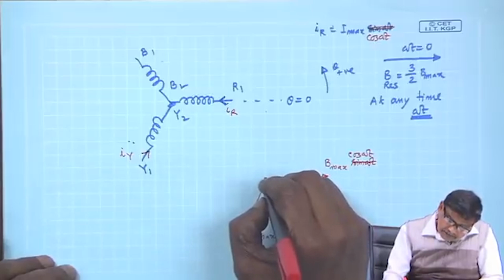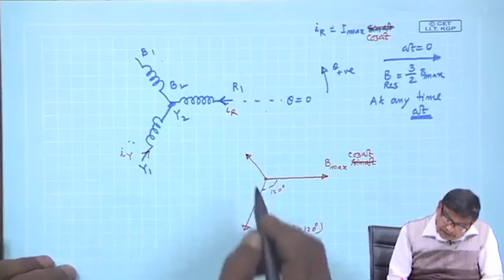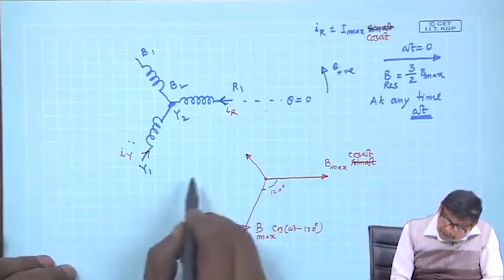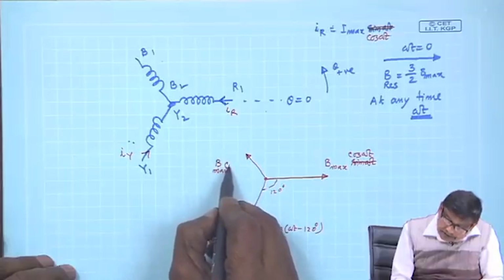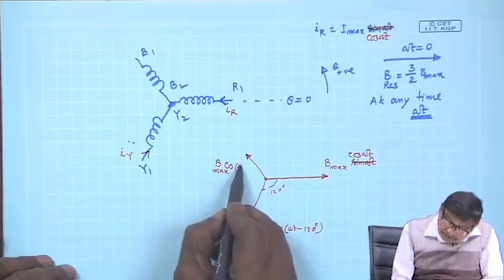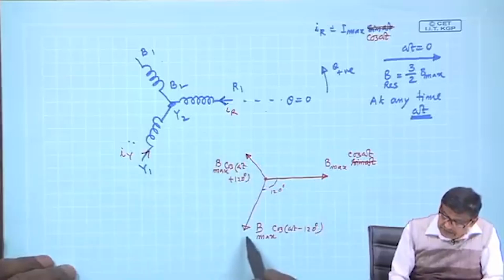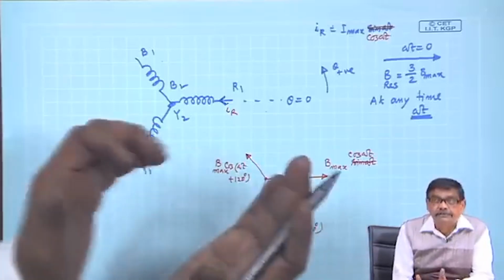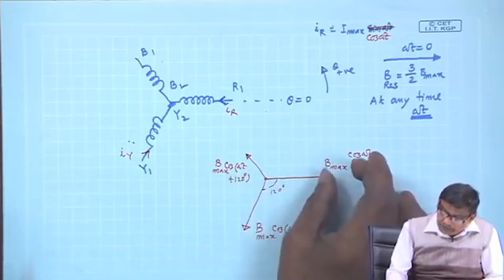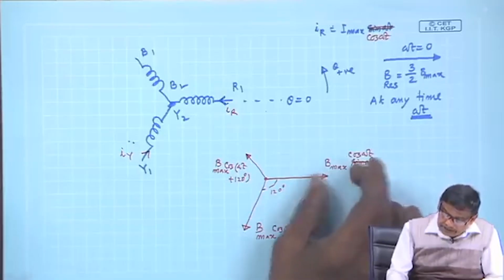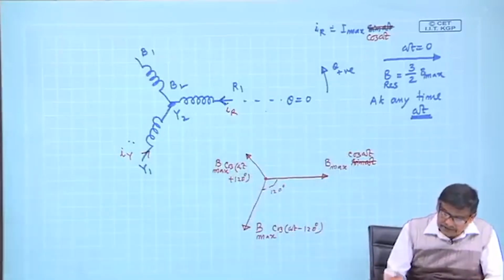Similarly, the B phase will be maybe like this, and it will be B max cosine omega t plus 120 degree. This will be the B phase, this is the Y phase, and I want to add these 3 vectors up. At any instant omega t, once you fix omega t, this is a constant length, that is what we did earlier.